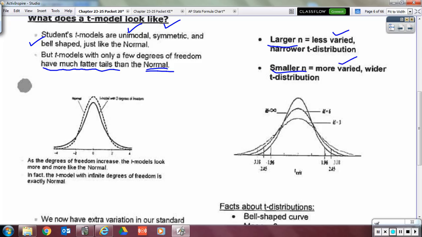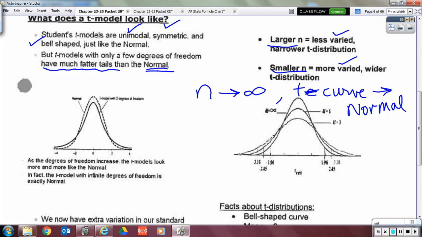We've seen that. So as our sample size goes to infinity, or is going to the population, then our t-curve approaches the normal model. So it will look more and more like the normal model as our sample size gets closer to infinity, or the population.